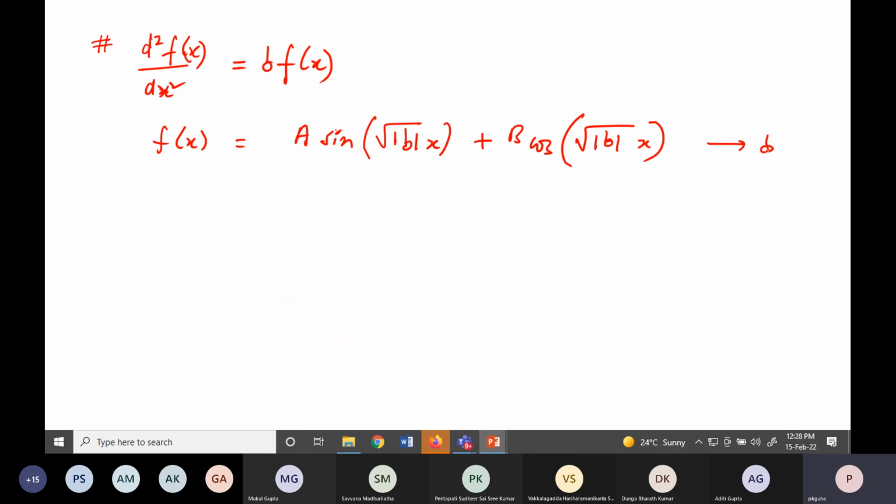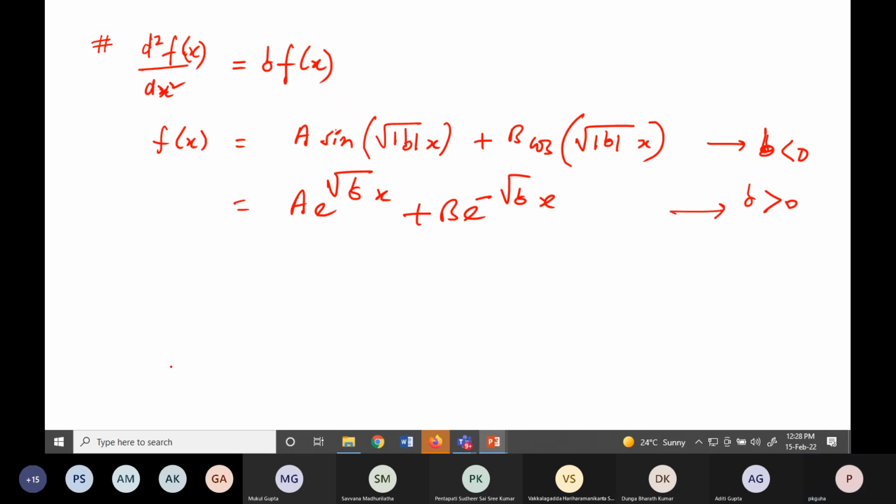And this is for, you remember, b less than or equal to 0. So if b is greater than 0, what will be the solution? If b is greater than 0, the solution will be a e to the power, I hope these are known to you. So for b greater than 0, this will be the solution, right?